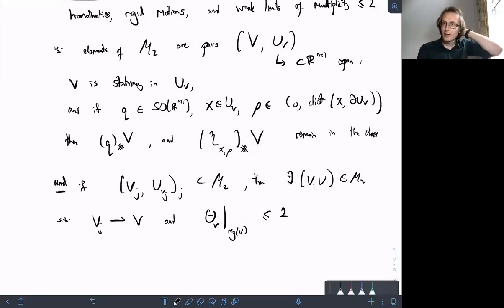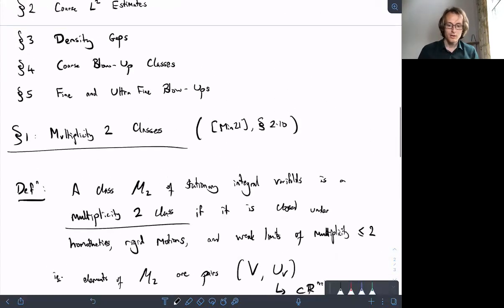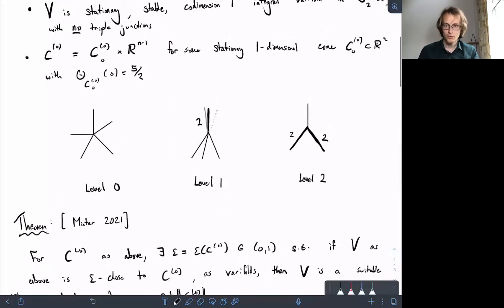So why do we care about working in a multiplicity 2 class? And I should add that the reason we can work in a multiplicity 2 class is essentially the same sort of argument seen in Leon's cylindrical tangent cones: if we're sufficiently close to one of these cones, we can prove that the density in a sufficiently small neighborhood of 0 is always bounded by 2 plus epsilon for any small epsilon if we're sufficiently close.